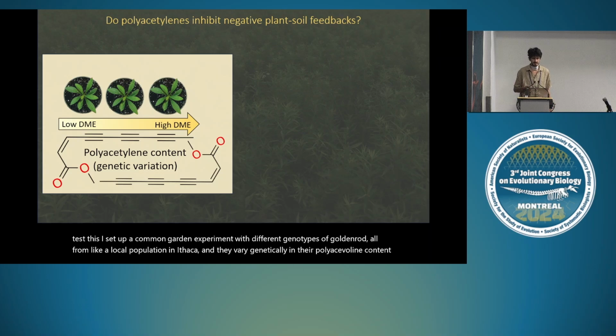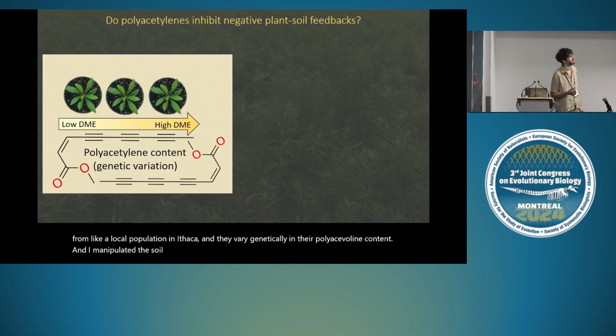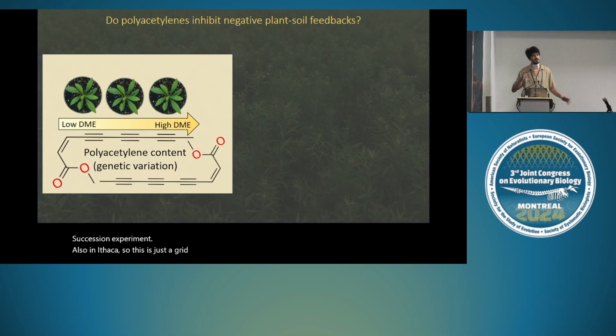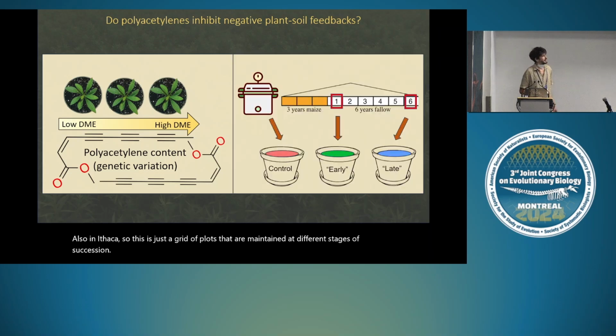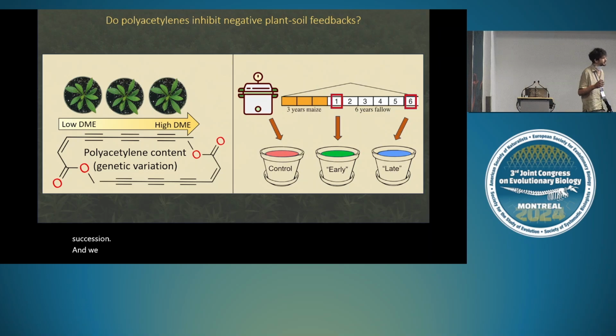I manipulated the soil microbial community using inocula from our long-term succession experiment, also in Ithaca. This is just a grid of plots that are maintained at different stages of succession, and we know from prior work that the microbial community changes over succession.